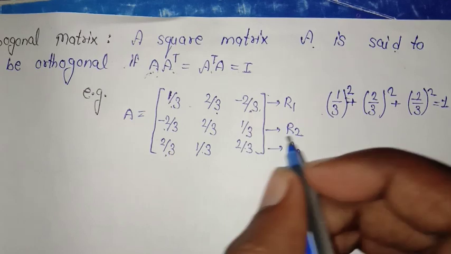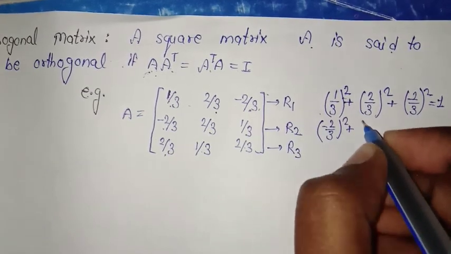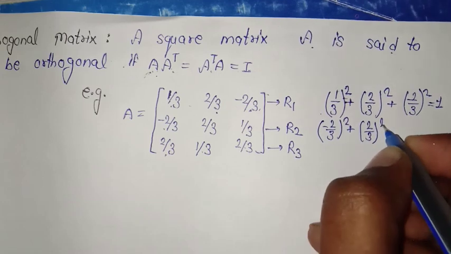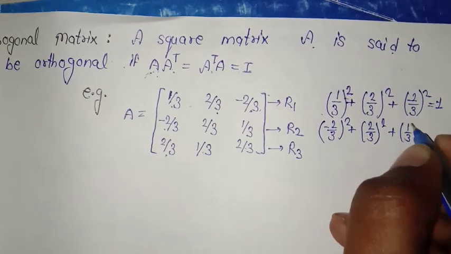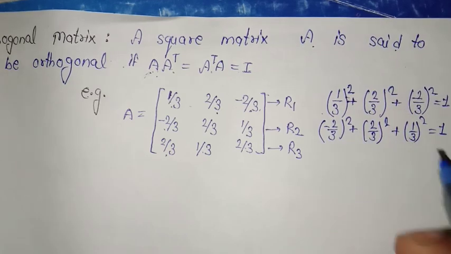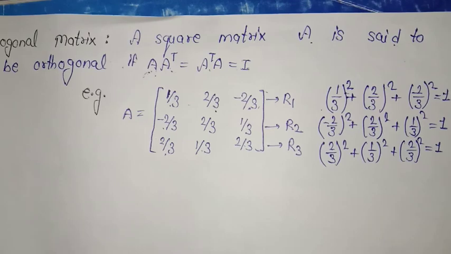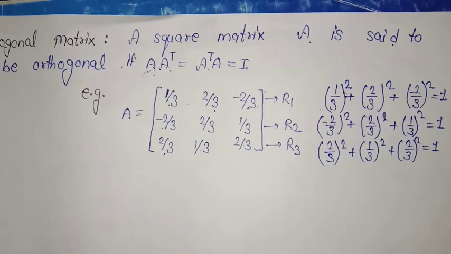Similarly, we can check the other rows, and the result will be the same. Again, the sum of squares of each row element is 1, and similarly for row 3. So this is the way by which we can check whether the matrix is orthogonal.